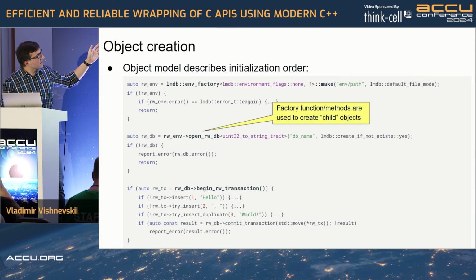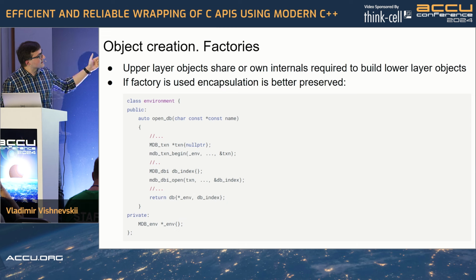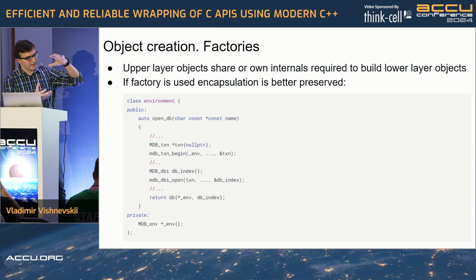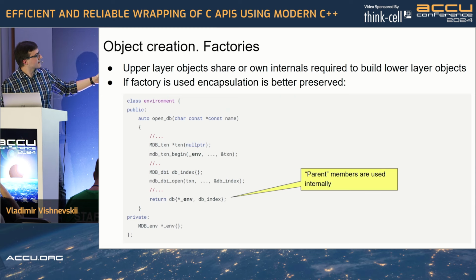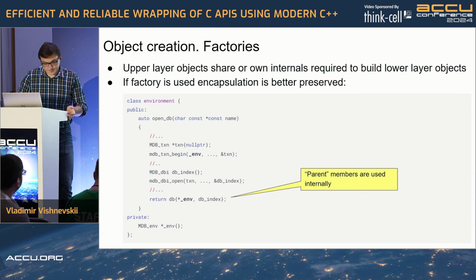It's a good way of creating the object, because in the logical structure, when the parent has everything to produce the child, it preserves encapsulation very well. For example, here, the environment opens the database. It stores the environment handle, so it can open the database, and everything that is needed for this operation it already contains or can create. So we do not need to expose any internals.